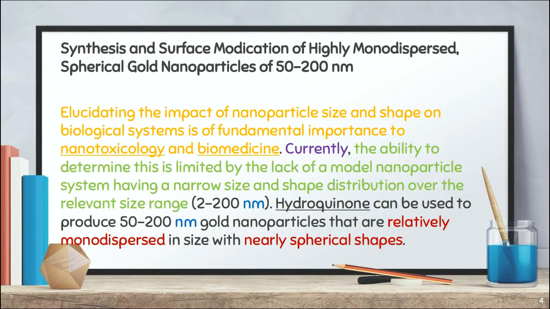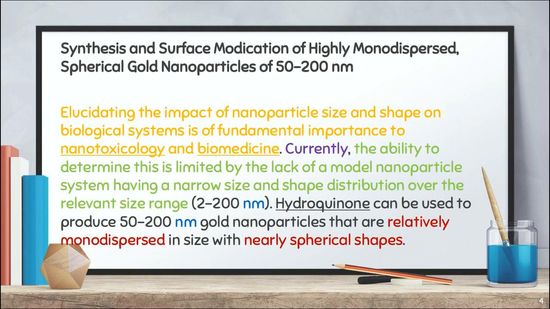Synthesis and surface modification of highly dispersed spherical gold nanoparticles of 50 to 200 nanometer. So let me read. Elucidating the impact of nanoparticle size and shape on biological systems is of fundamental importance to nanotoxicology and biomedicine.